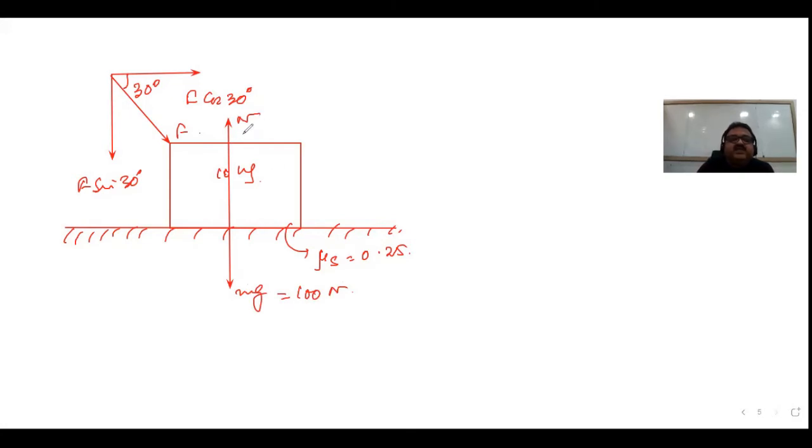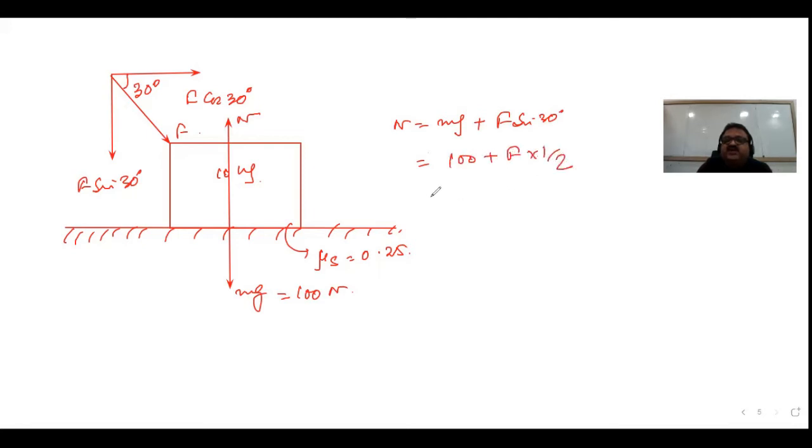Now, let me do one thing. First, since in this direction there is no net force, it is 0. So what can we write? N equal to mg plus F sine of 30. What is mg? That is 100. F, what is sine 30?